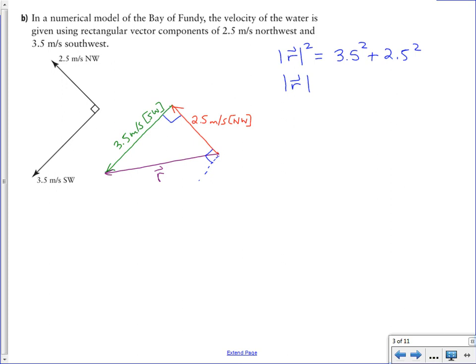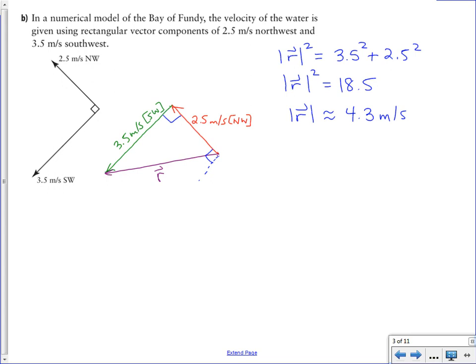If you want to write it, you can. Then the magnitude of r, the square root of 18.5, is approximately 4.3 meters per second. Rule of thumb: if they don't give you rounding rules, stick with the rounding given. Usually it's 1 decimal place for magnitudes and angles to the nearest degree. So I found the resultant.